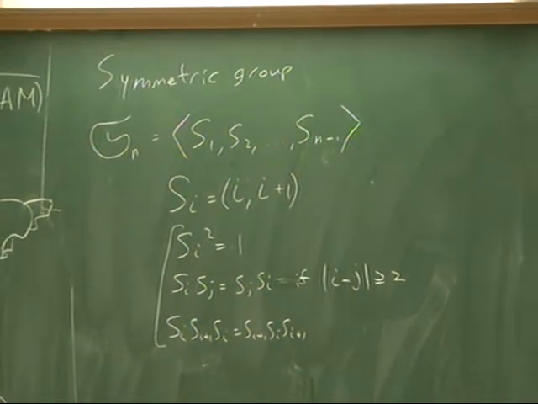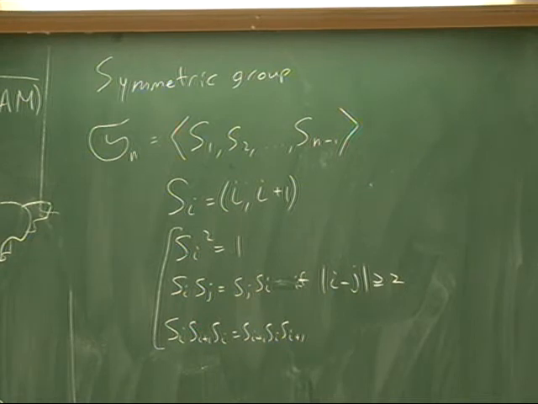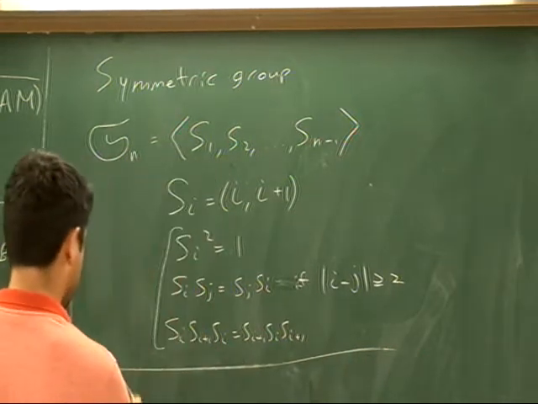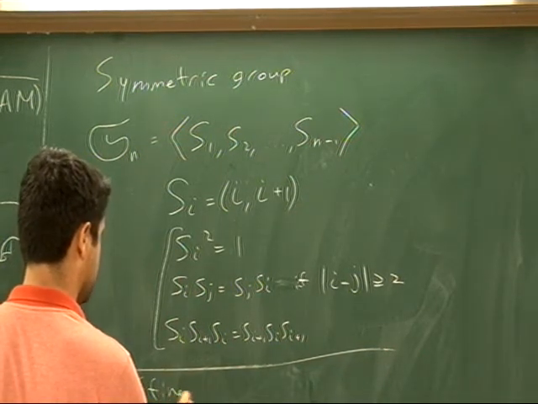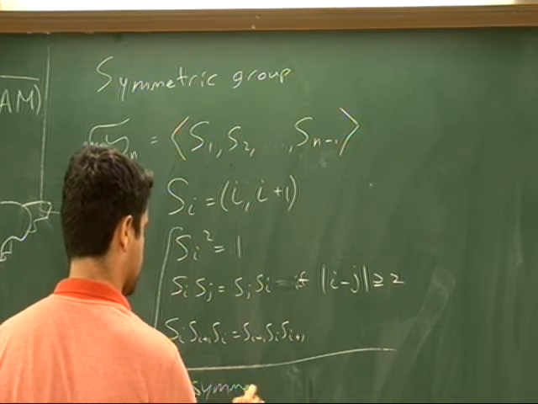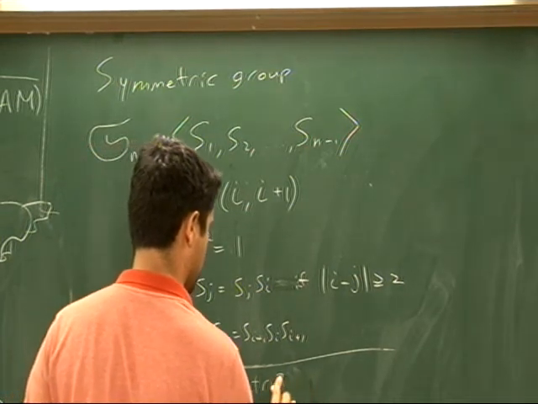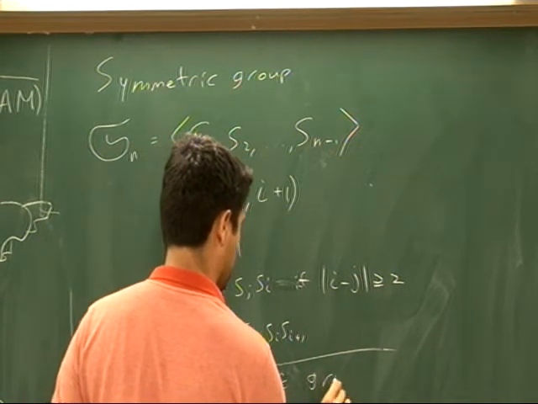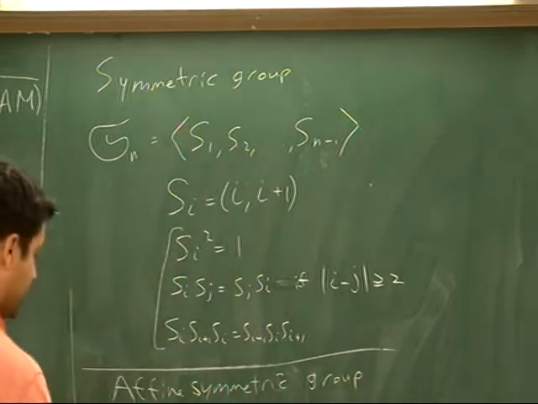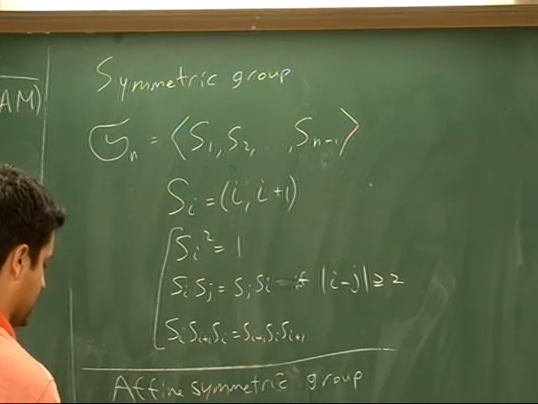So I'm going to make the symmetric group larger by adding one generator, and my generator is going to be S0. This is going to be called the affine symmetric group, and it's going to be Sn with a little tilde.